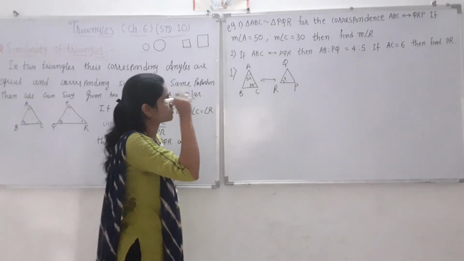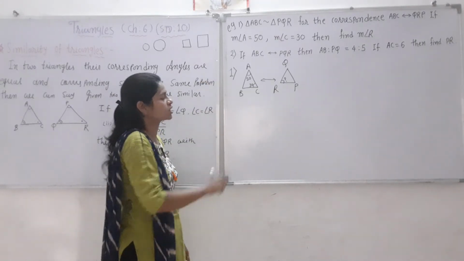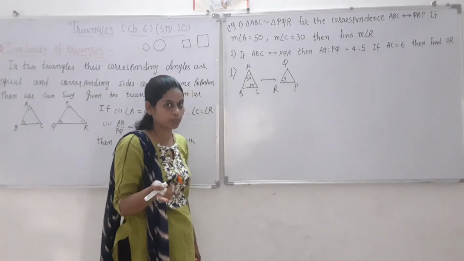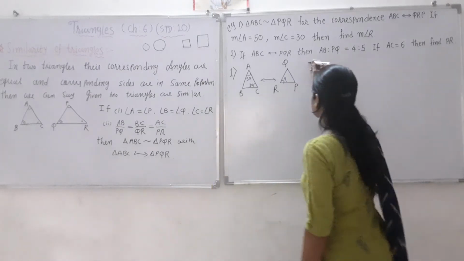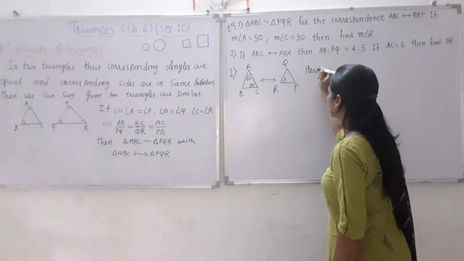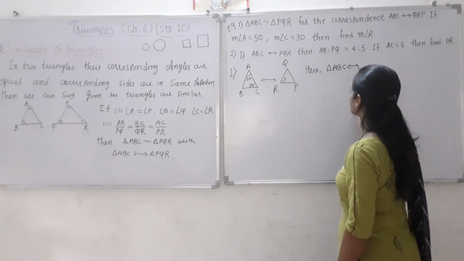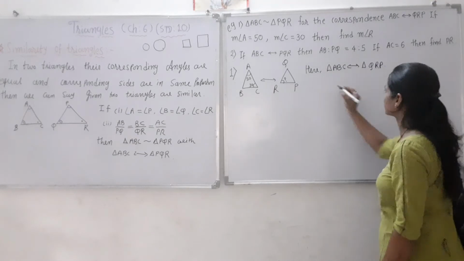First of all, read the question and decide what is given in your question. In your question, the correspondence of similarity is given, so you should apply the definition of similarity here. Now you can write the solution. Here, triangle ABC corresponds to triangle QRP.